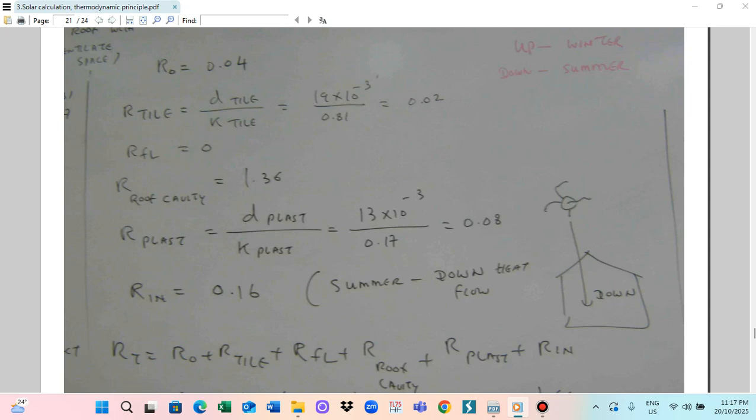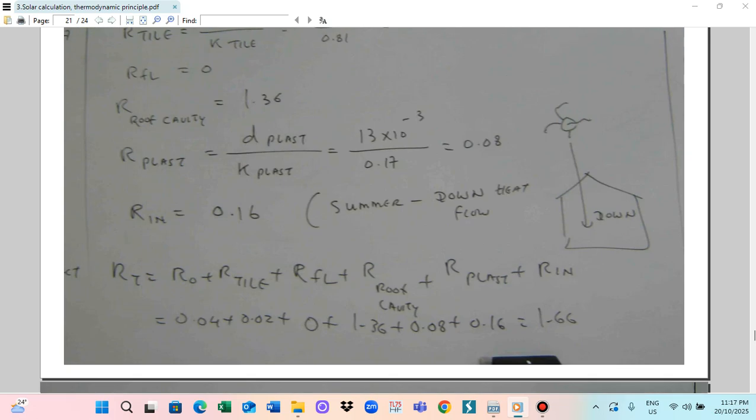So our roof cavity is 1.36. This 1.36 and the 0.46 you can take. One will be for the winter and another for the summer.